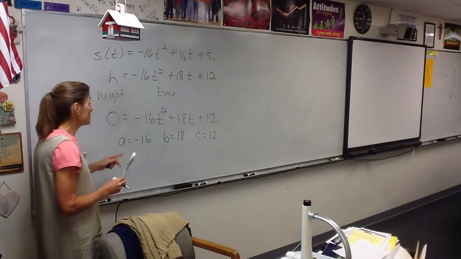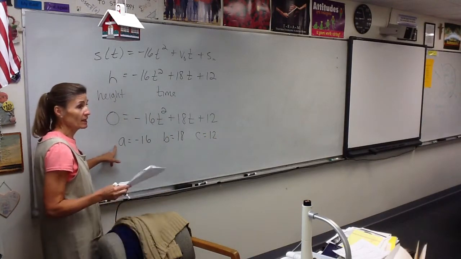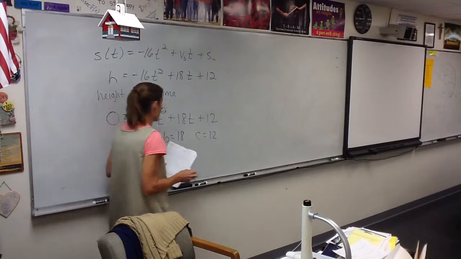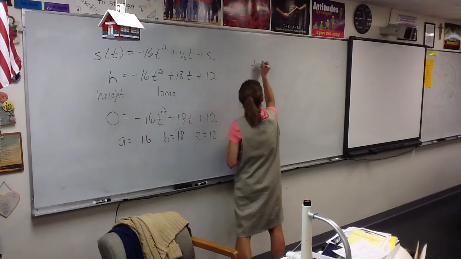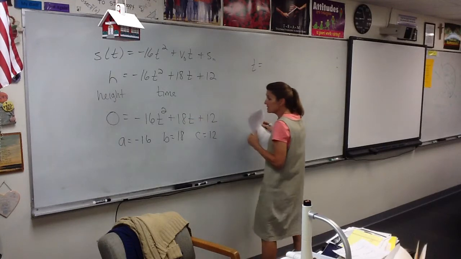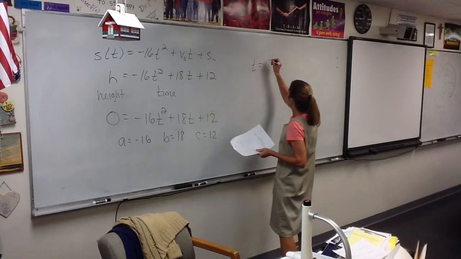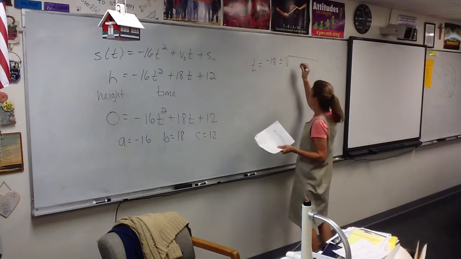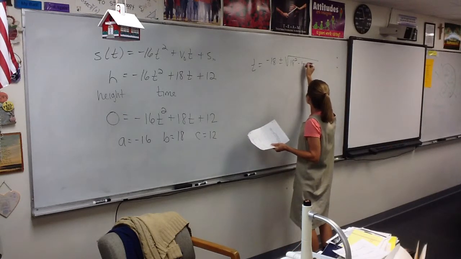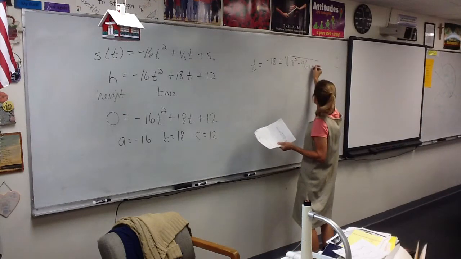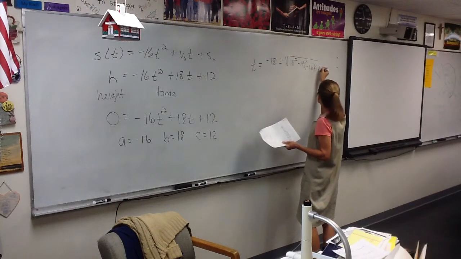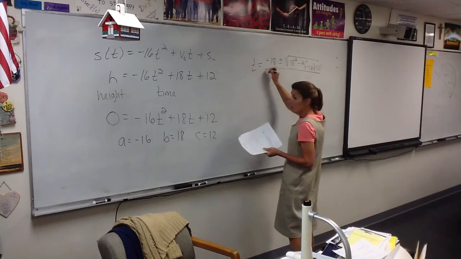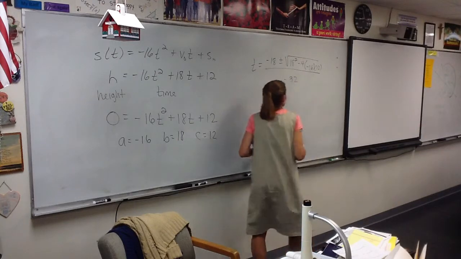Now those are still big numbers, but I have a calculator that will help me. So T will equal, instead of X's this time we have T's, negative B plus or minus the square root of B squared minus 4 times A times C all over 2A.